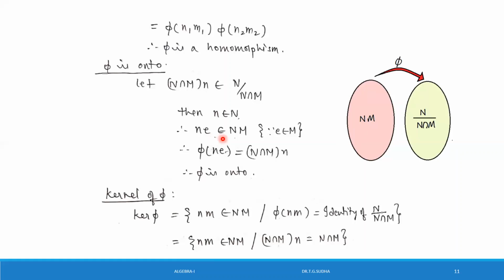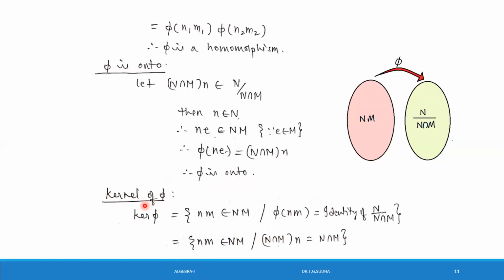So ne now will belong to NM, because n belongs to N and e belongs to M. So this is an element of NM. Let us consider phi of ne. So by the definition of phi, this will be N intersection M of n. So for every element in N by N intersection M, we have shown that there exists an element ne such that phi of ne is equal to N intersection M of n. Therefore, phi is onto.